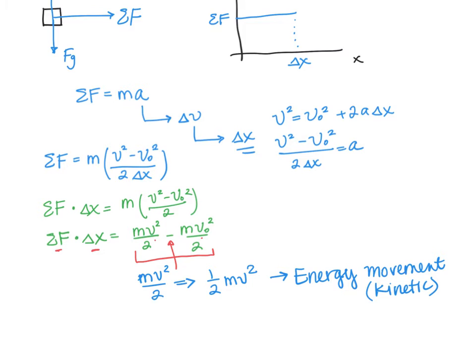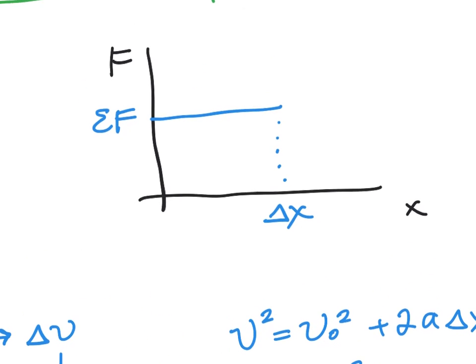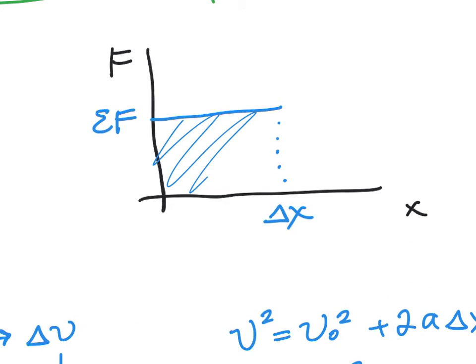And so whenever we apply a force through a distance, we refer to that as the work, okay? The work. And so mathematically, what I see here is that the area under the curve up here is what we're calling, in terms of physics, the work.